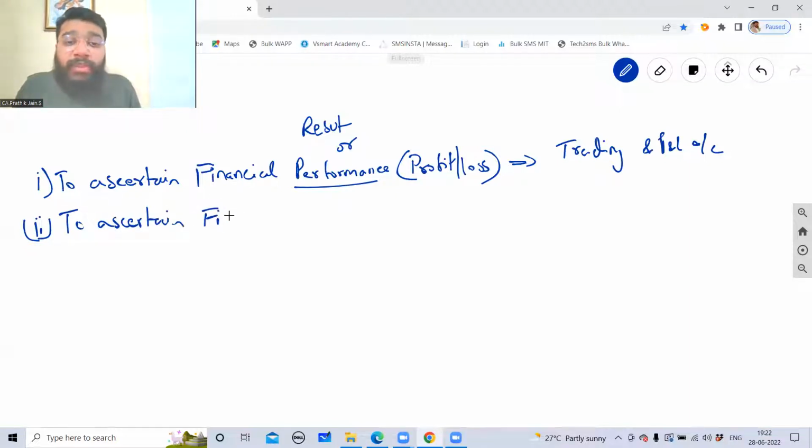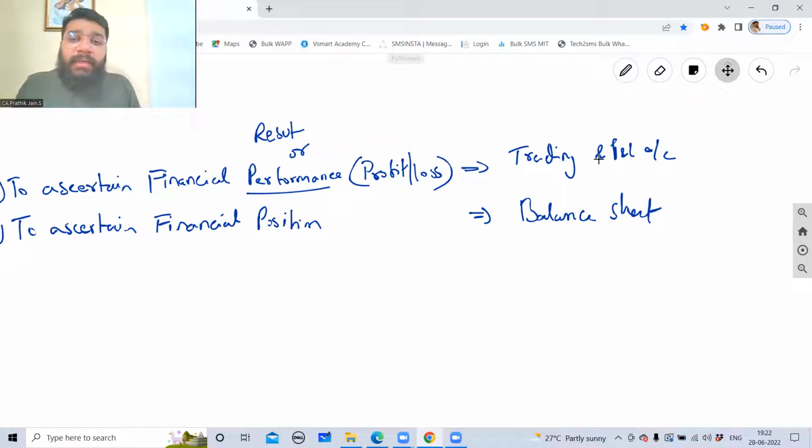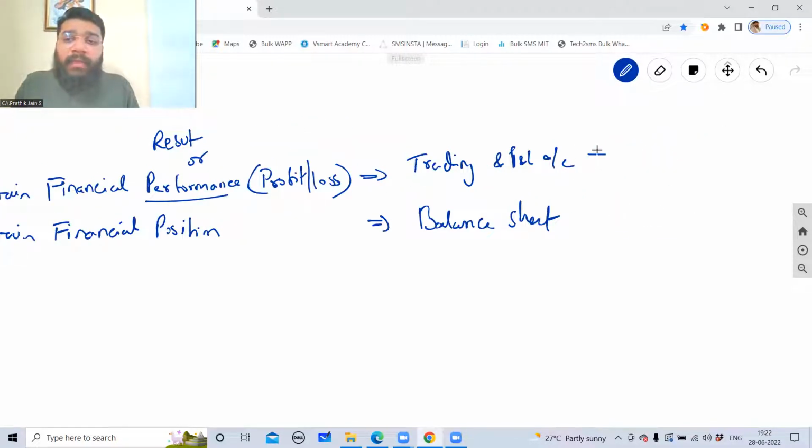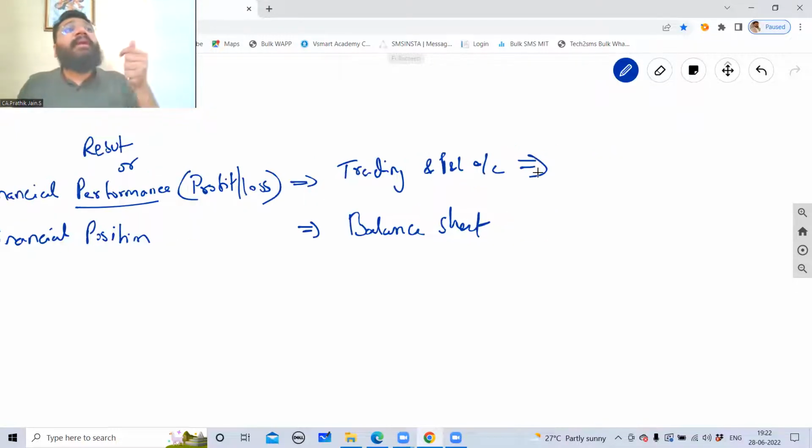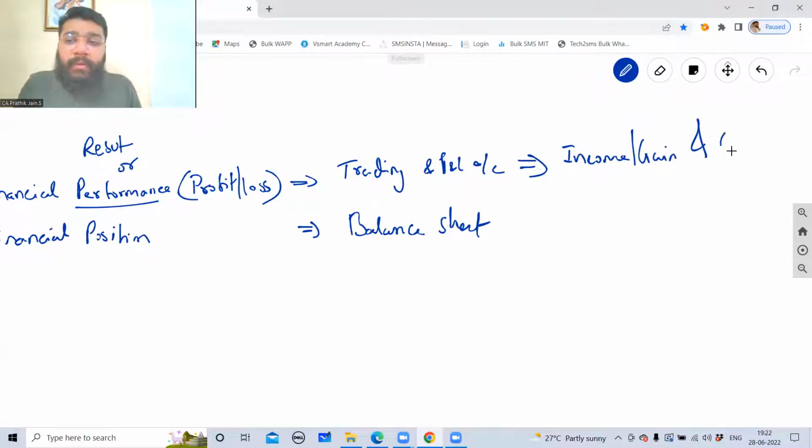Second, we prepare the accounts to ascertain the financial position, which is prepared using a statement called as balance sheet. In the trading and P&L account, we capture all the accounts pertaining to income, gain, and expense, loss.